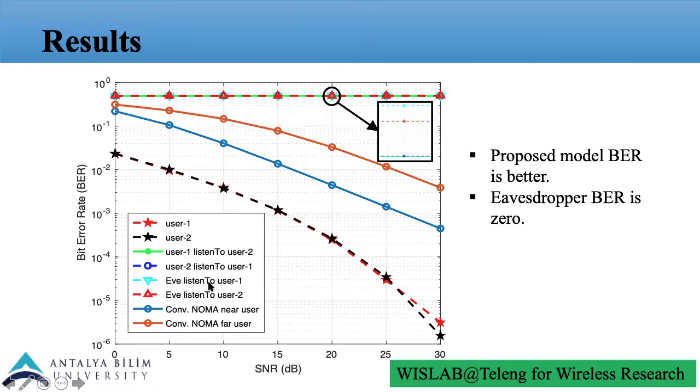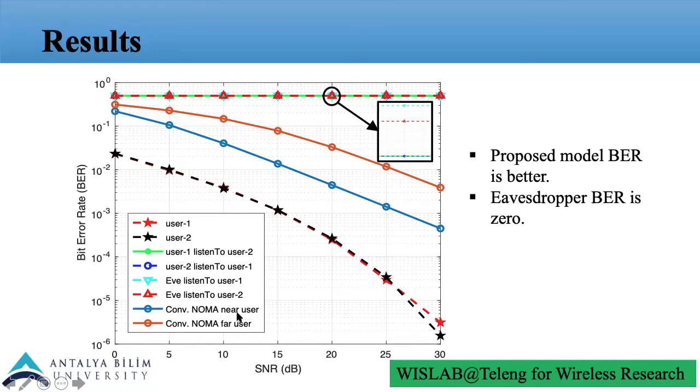Then you have Eve listening to user 1, which is an external eavesdropper, and Eve listening to user 2, external eavesdropper. And you can see that all the eavesdroppers have the worst bit error rate, which means they cannot in any way get the information intended for any of these legitimate users.